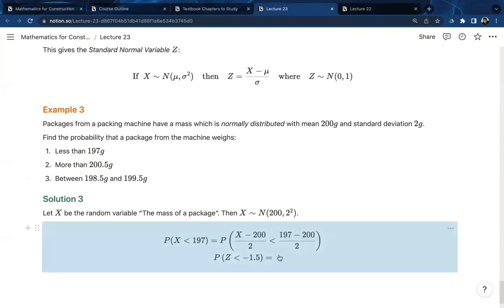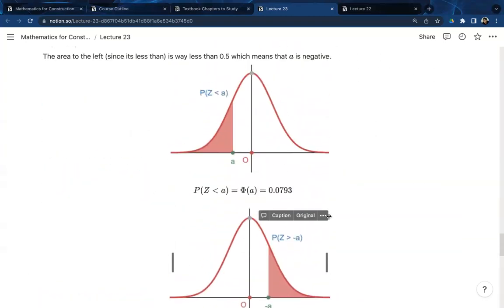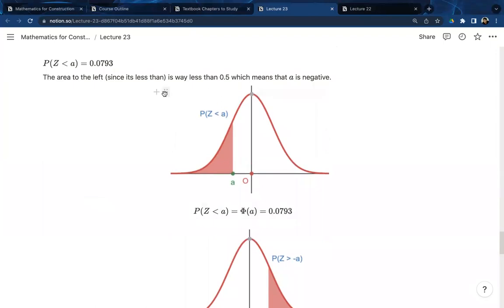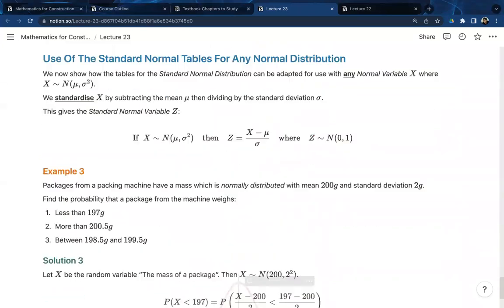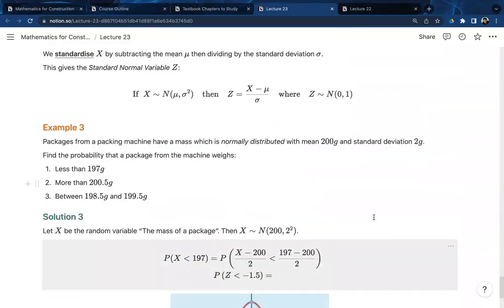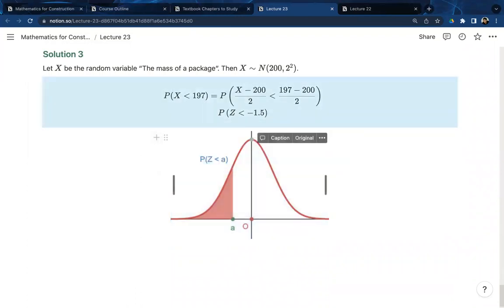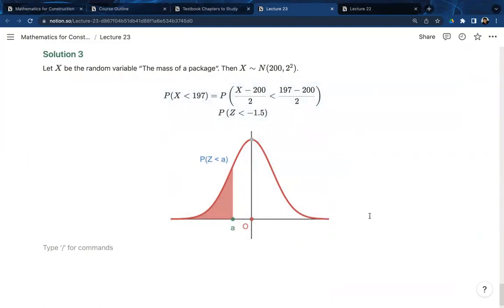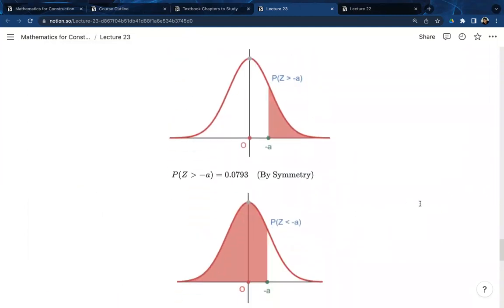Now the table doesn't give you negative values, so you have to look at a diagram. We want the probability that Z is less than some negative value. That's the same as what we did up here; you have to draw several diagrams.